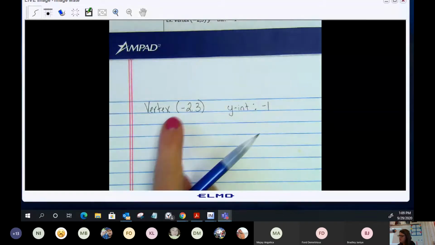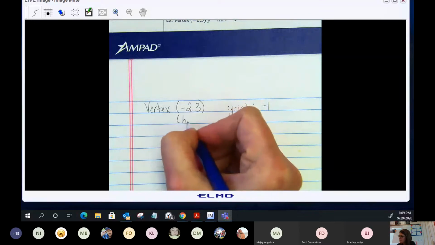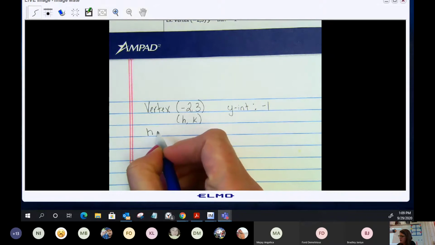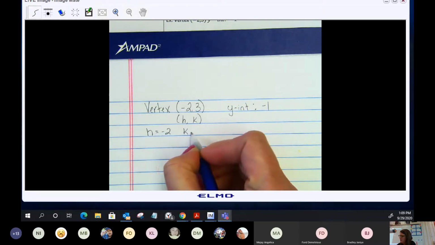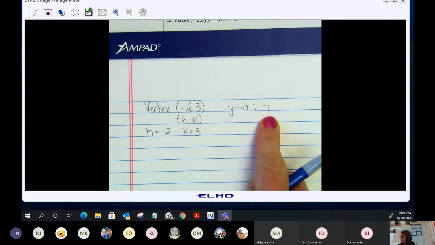So if I look here, remember your vertex is in the form (h, k). That means my h is -2 and my k is 3. My y-intercept is -1.